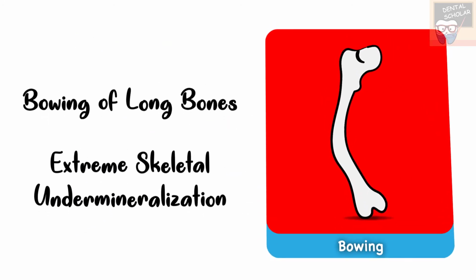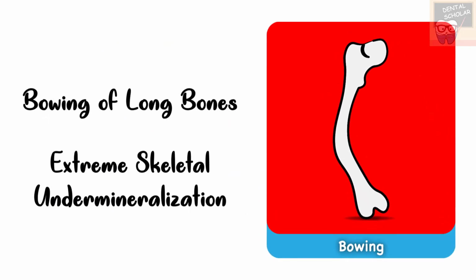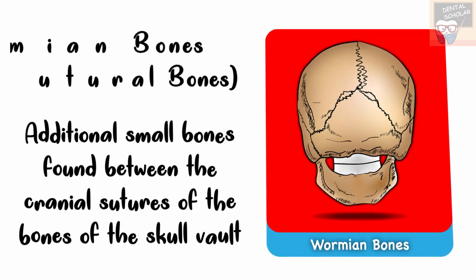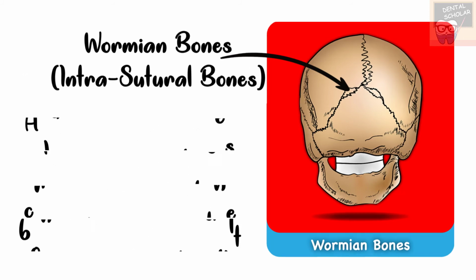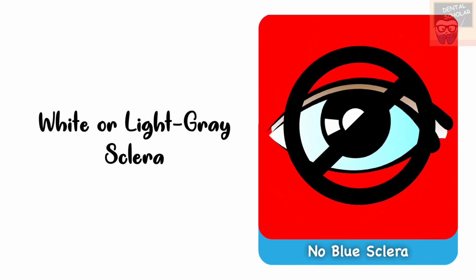There is bowing of long bones and extreme skeletal undermineralization is seen. Vermian bones, that is intrasutural bones, are also seen. So these are the additional small bones which are found between the cranial sutures of the bones of cranial vault or skull vault. The sclera appears white or light gray.